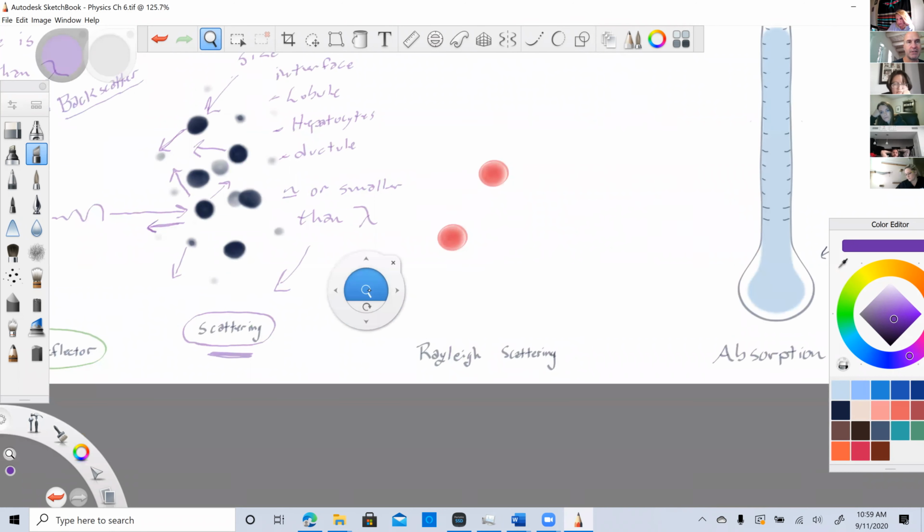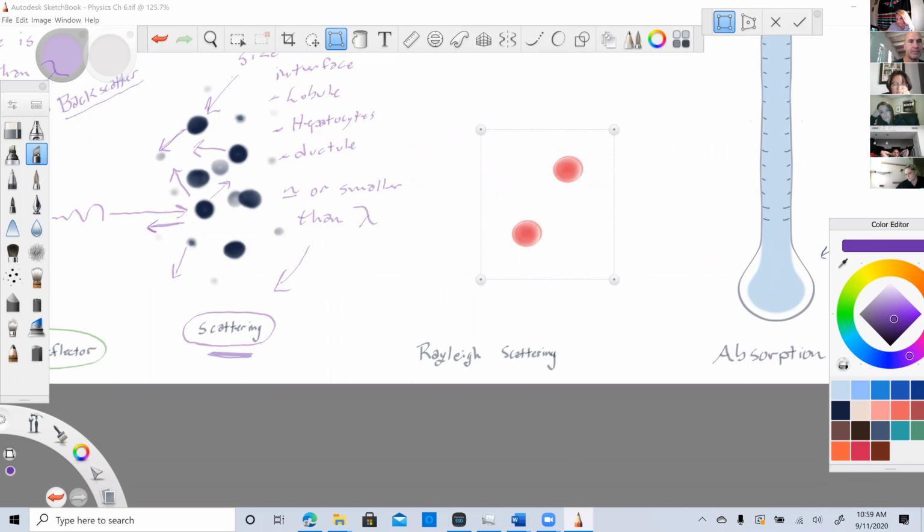Okay, I didn't leave myself a lot of room here. Let me just lasso this here. Okay, that should be good. Let's see, scattering also in many directions.